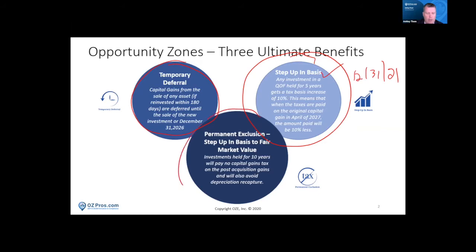But the third and final benefit, which is probably the most significant, is that if you hold your investment at the qualified opportunity fund level, you get a step up in basis to fair market value, which not only eliminates capital gains, but it also eliminates depreciation recapture, which becomes really powerful on an after-tax side-by-side investment analysis.